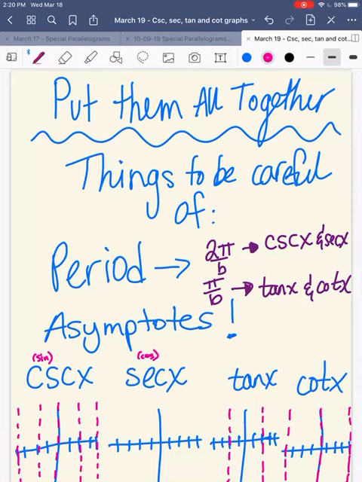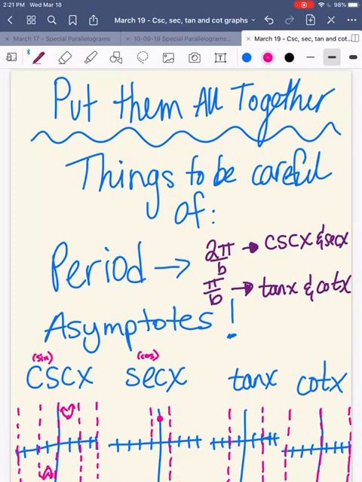Okay? And then if you remember, sine goes up on the right and down on the left, so will your first ones. Your parabolas, up on the right, down on the left. Alright, so secant is the reciprocal of cosine. Cosine starts up at 1, or up at the amplitude, and so will secant.